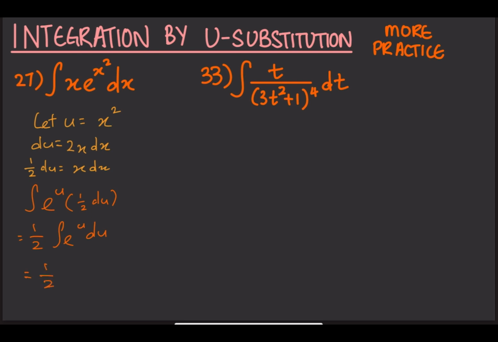Equal to half e power u plus c. Then always remember the constant here, and finally substitute it back. Half of e power x squared plus c, and that is your final answer.